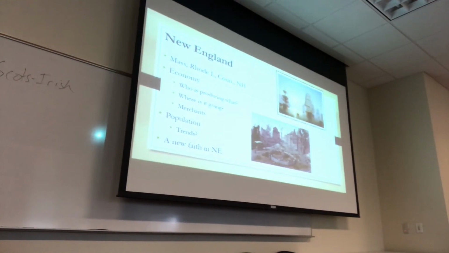So they're not producing an abundance of any crop that they're exporting. But they are, by this time, exporting a lot of fish, which could be salted down to preserve it and sold, a lot of it across the Atlantic back to Britain, but some of it down to the southern colonies.